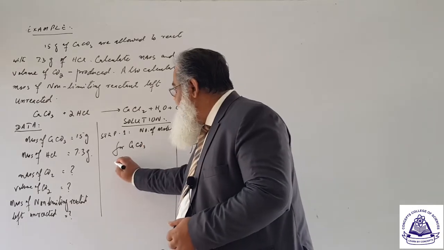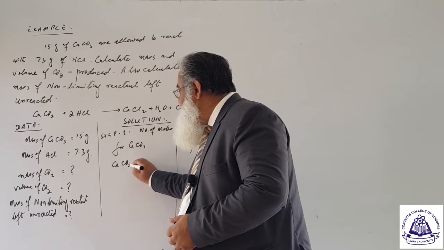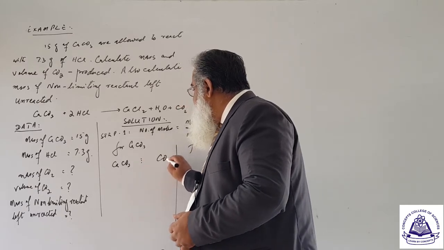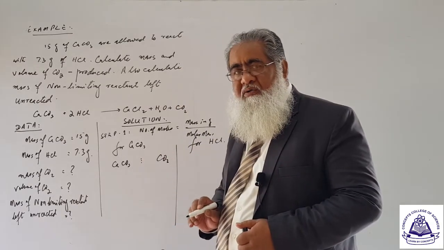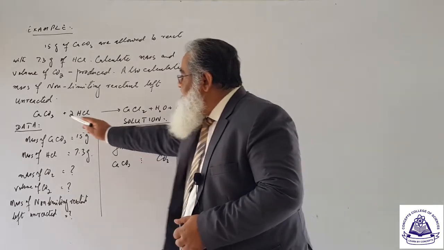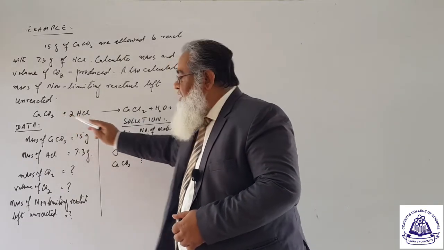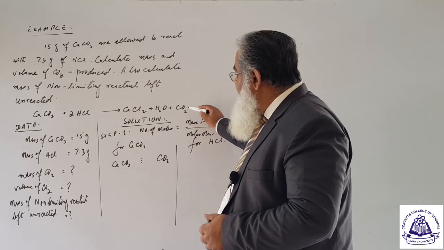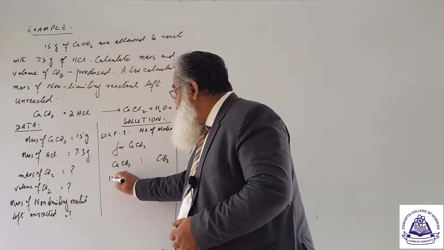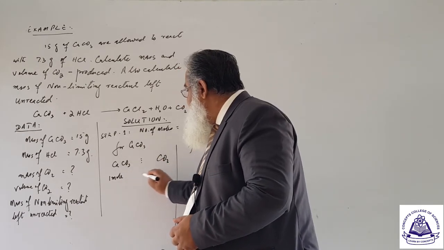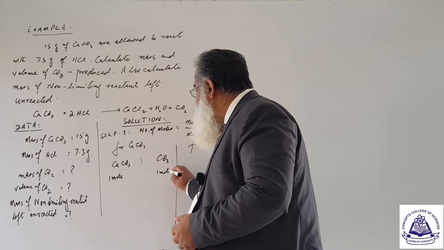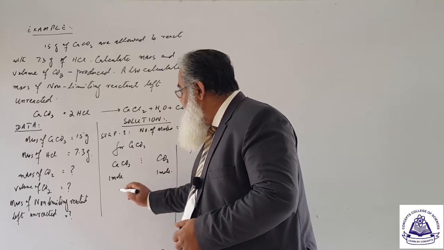The mass of calcium carbonate is given, and the mass and volume of carbon dioxide are asked. With respect to the balanced equation, 1 mole of calcium carbonate will produce 1 mole of carbon dioxide.